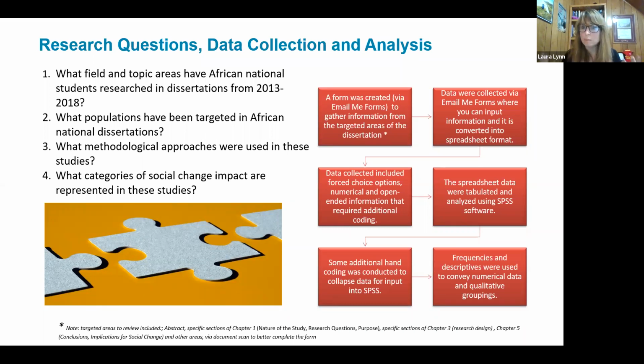We had to work together to get our process down among ourselves and the research assistants, really targeting specific areas of the dissertation to look at first, which would be the abstract, specific areas of chapter 1, but also scanning into areas of chapter 3, and then particularly within chapter 5, for those conclusions and social change implications.